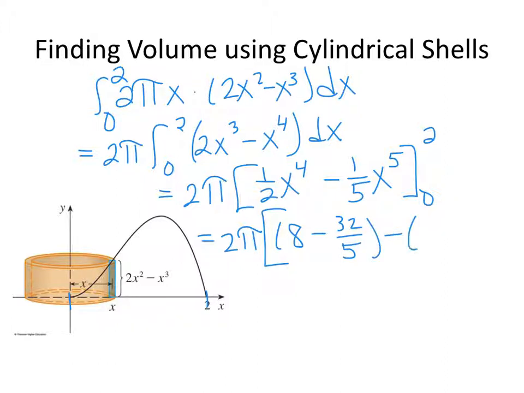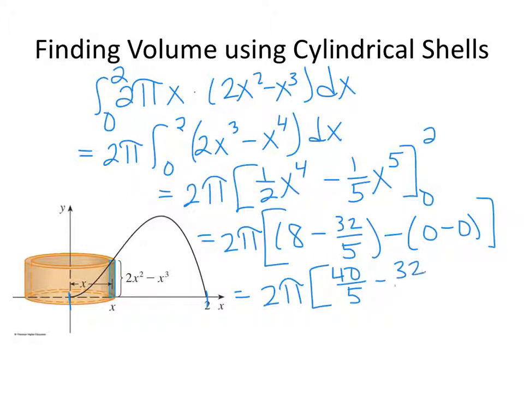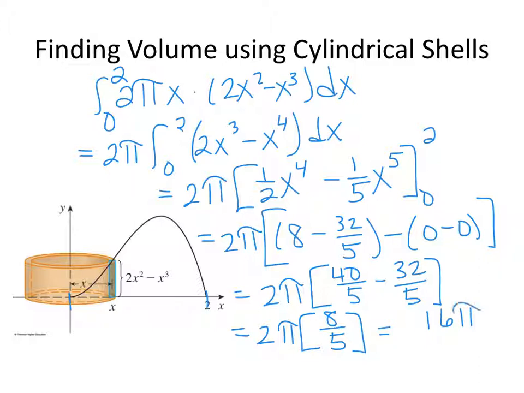Then I plug in my 0, so I end up with 0 minus 0. Getting common denominators, I have 2 pi times 40 over 5 minus 32 over 5. So I have 2 pi times 8 over 5, and I find that this volume is equal to 16 pi over 5 cubic units.